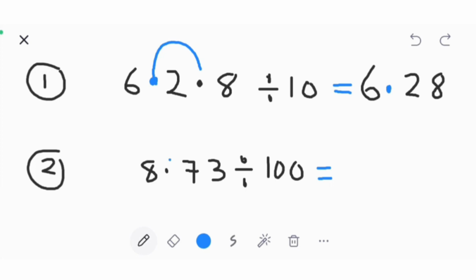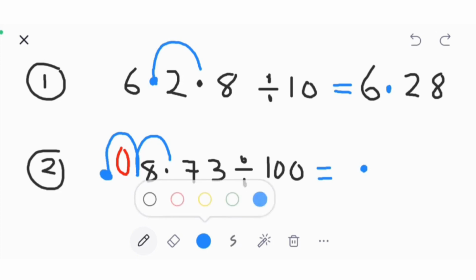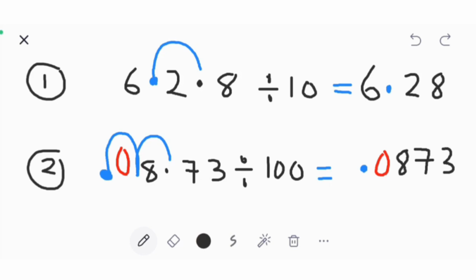Let's do that. You have 1, then you move it again, 2, then you stop. The decimal point is now here. Then you write 0 in this empty space. So your answer becomes, you write the blue dot, then you write that 0 that is in the empty space, then you write 8, you write 7, and then you write 3.